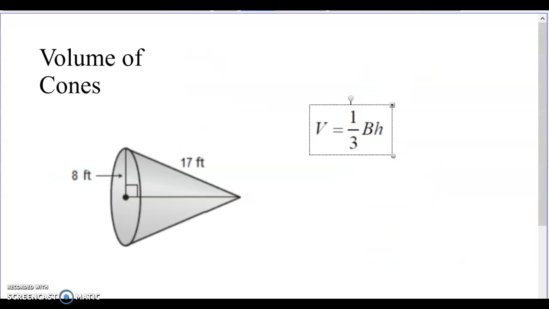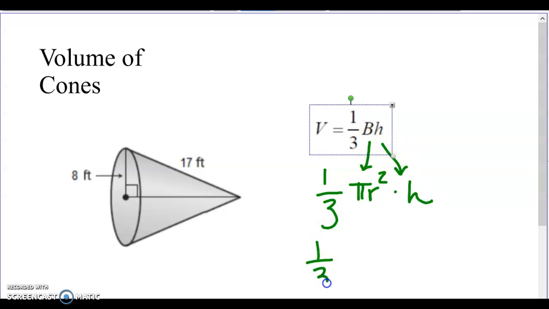Last thing here is cones. So cones, 1/3. Our big B is a circle, so pi r squared, and then our height. So 1/3 pi. The radius on this one would be 8 squared. Now the height of the cone is not this slanted piece. It is this straight up and down piece.